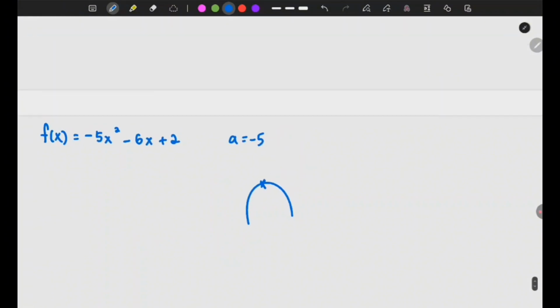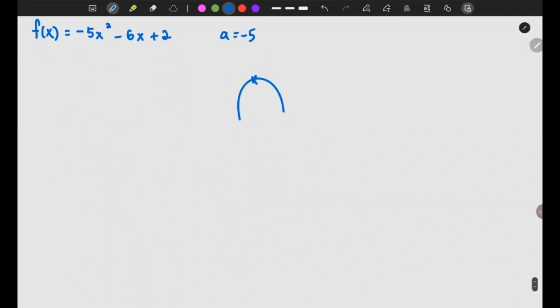So let's do this maximum point. We need to find the axis of symmetry, which is the cutting point, and the y value. How are you going to find it? Completing the square. And remember, for a quadratic function, you actually can't divide. All you can do is take it and put it outside.